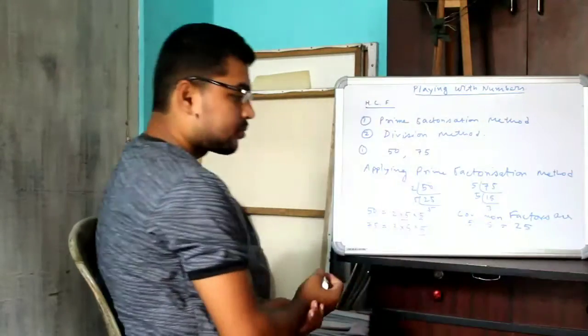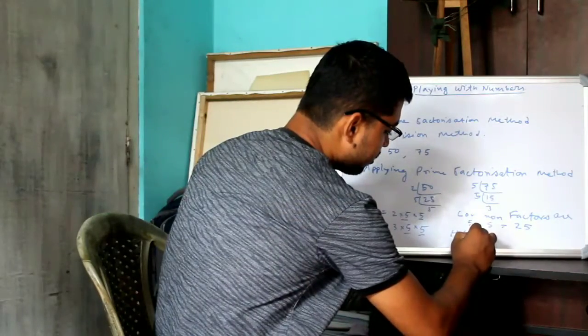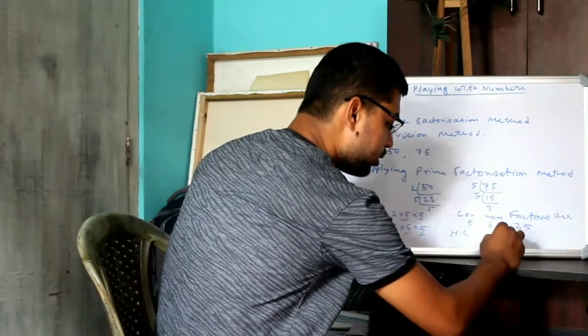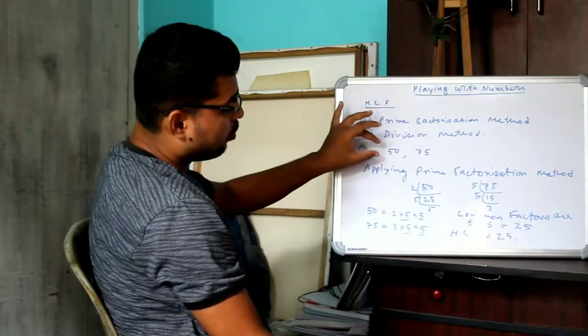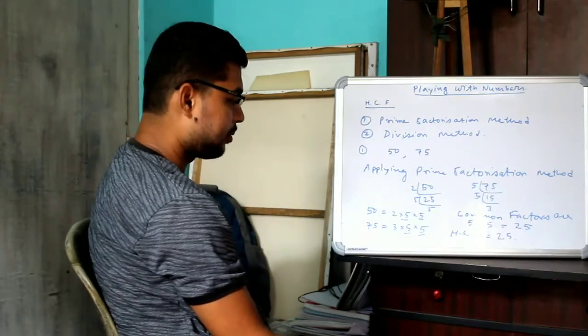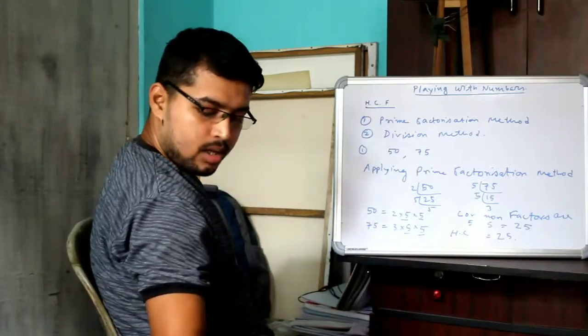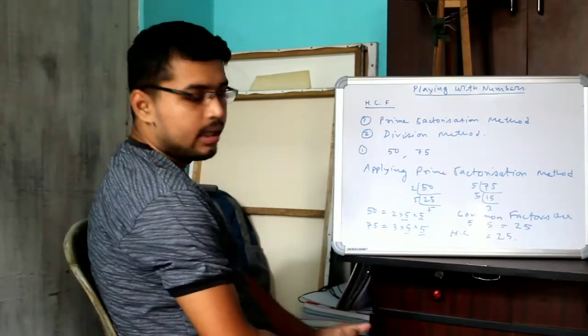So the HCF is 25. 25 is the highest common factor of 50 and 75.